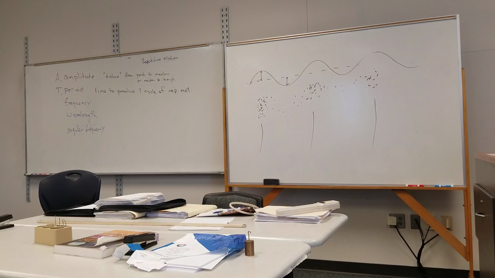The period of the Earth's revolution about the sun is 1 year. The period of the Earth spinning is 1 day. The period of the moon going around the Earth is about 28 days.